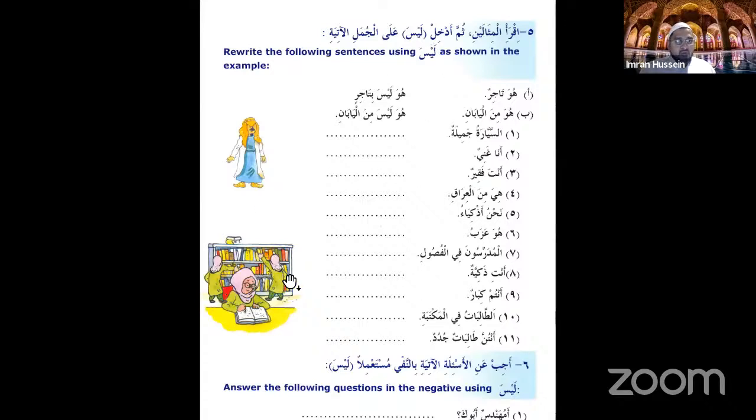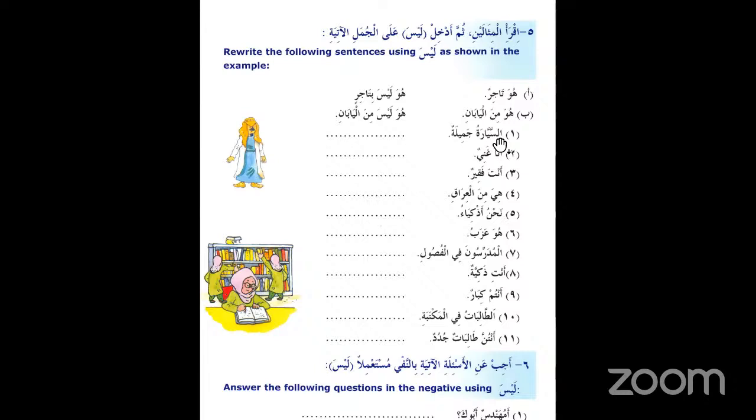I'm going to ask everyone, there are 14 of us, from the top of the group to the bottom, to add laysa with this, and we'll end the lesson here. First, Sister Bilqis to start off. Huwa tajirun. Okay, as-sayyaratu jamilatun, so it will become laysa as-sayyaratu jamilatan.